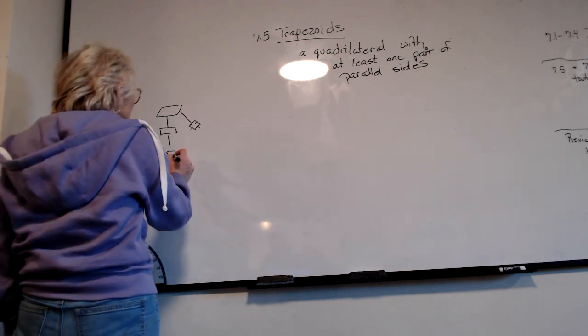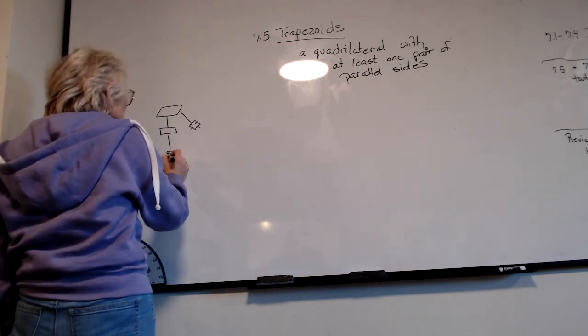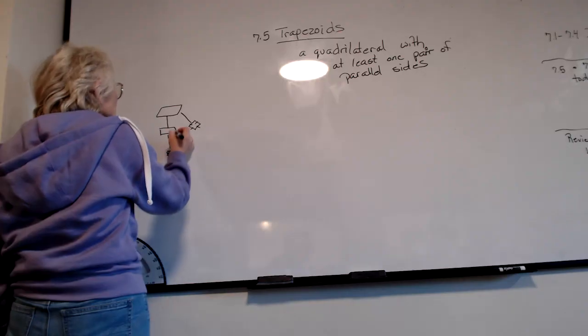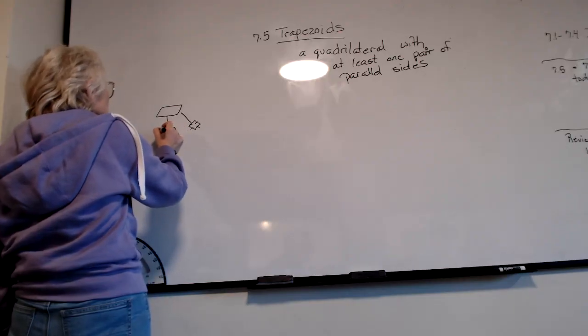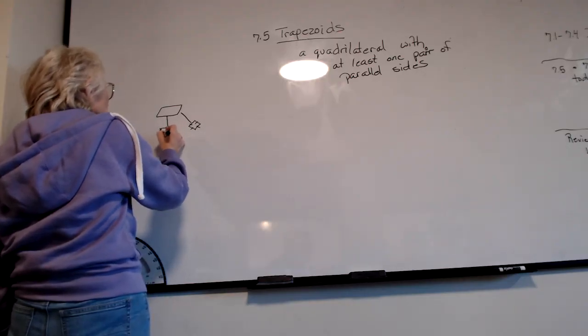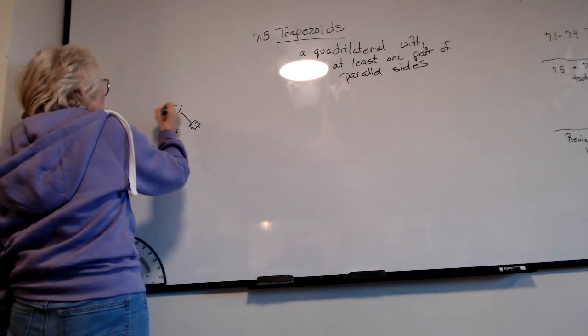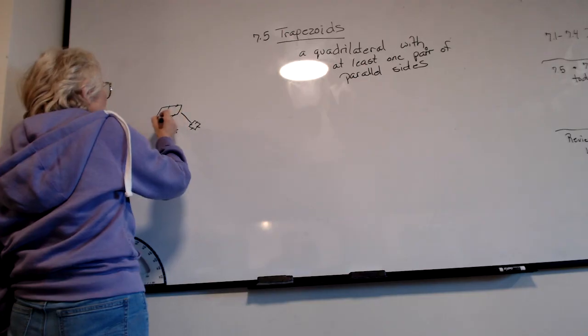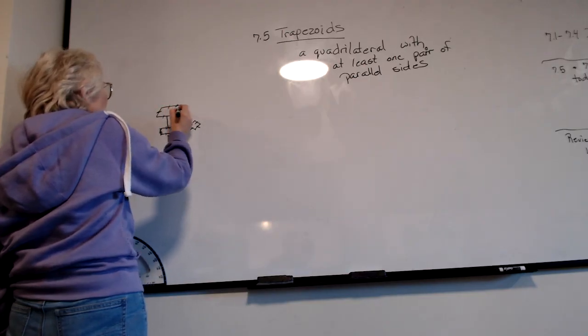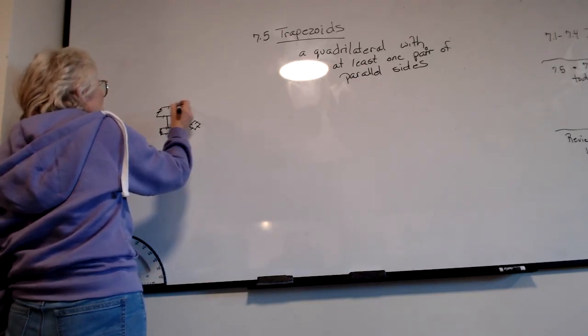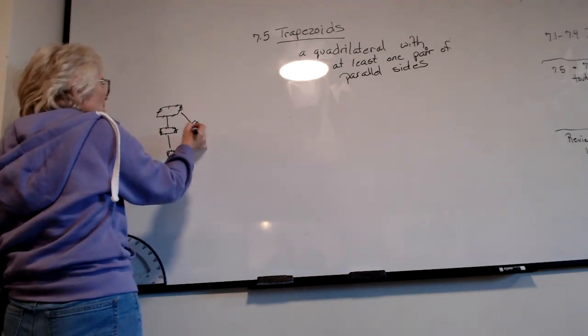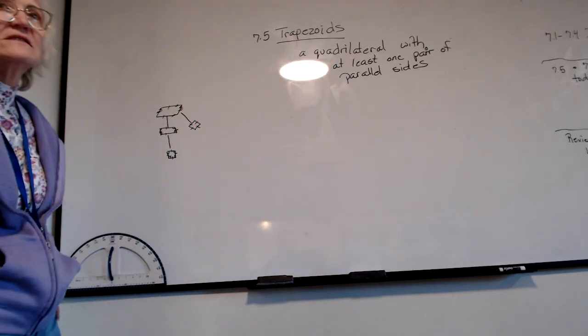These have 90-degree angles, all equal angles, all equal sides. Opposite sides are the same. These are parallel to one another, and therefore they're the same size. But this one is parallel with all four sides the same.